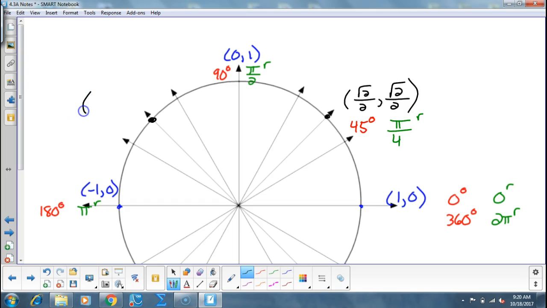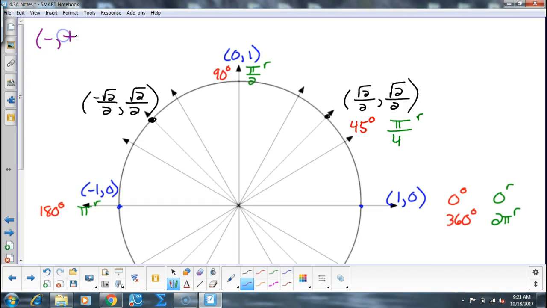Okay. Because this is quadrant number 2, and all points in quadrant number 2 have to be of the form negative, comma, positive. Just like everything over here in quadrant number 1 has to be positive, positive.